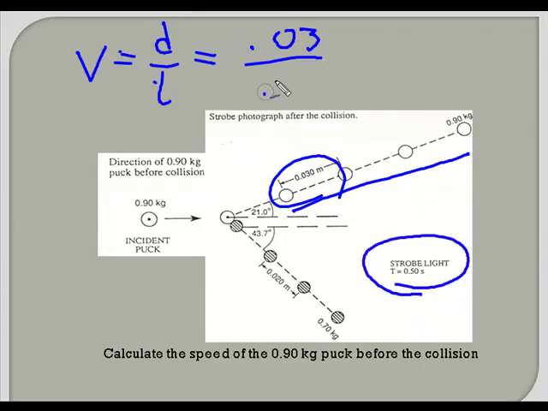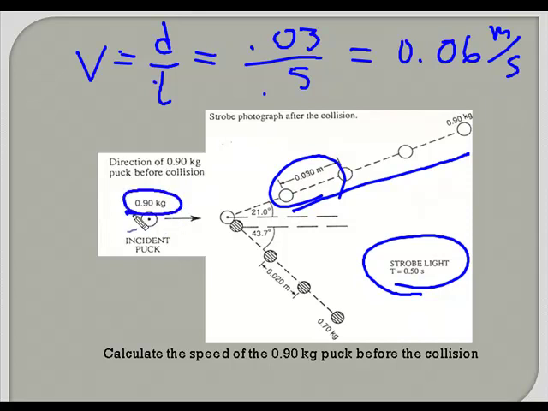The time is 0.5, and therefore that particular velocity will be 0.06 meters per second. By the way, the momentum then is found by taking that mass, the 0.9 kilograms, and multiplying by that velocity. That will tell you the momentum of that particular puck.